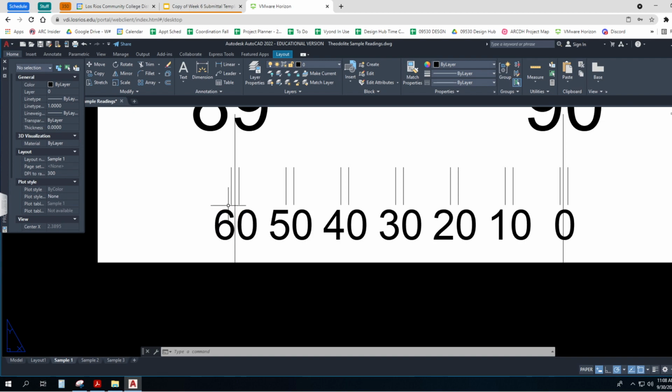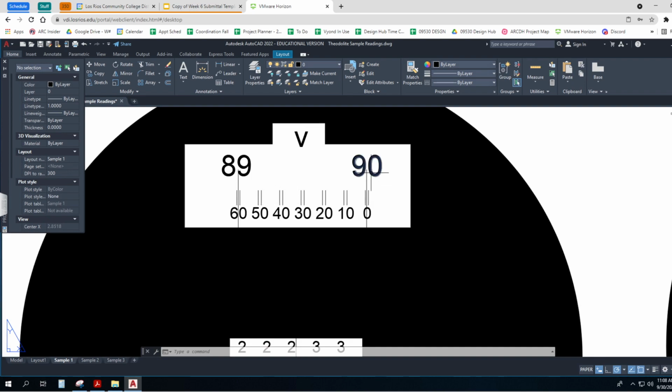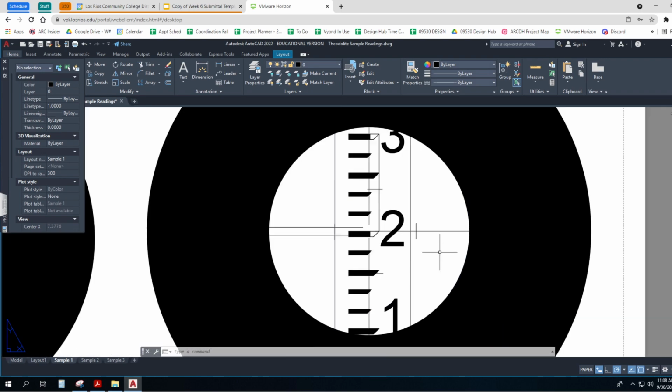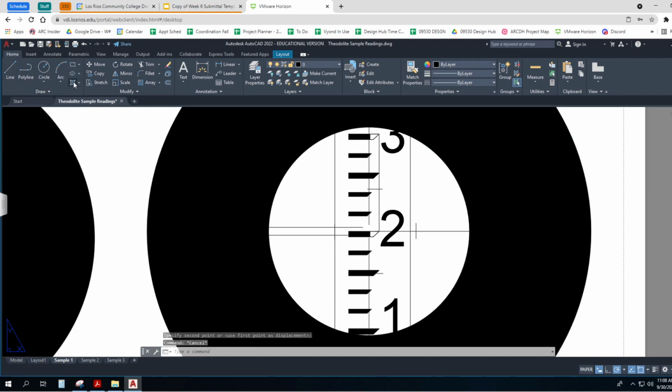Or you can see I'm at 89 degrees, 60 minutes. So there we go, 90 degrees. That's really important that that be on there. Now when I come over and take my reading, here's my big 2 marker. Oh, look at that. I don't know why. Hold on a sec. Let me get this to look a little bit better.